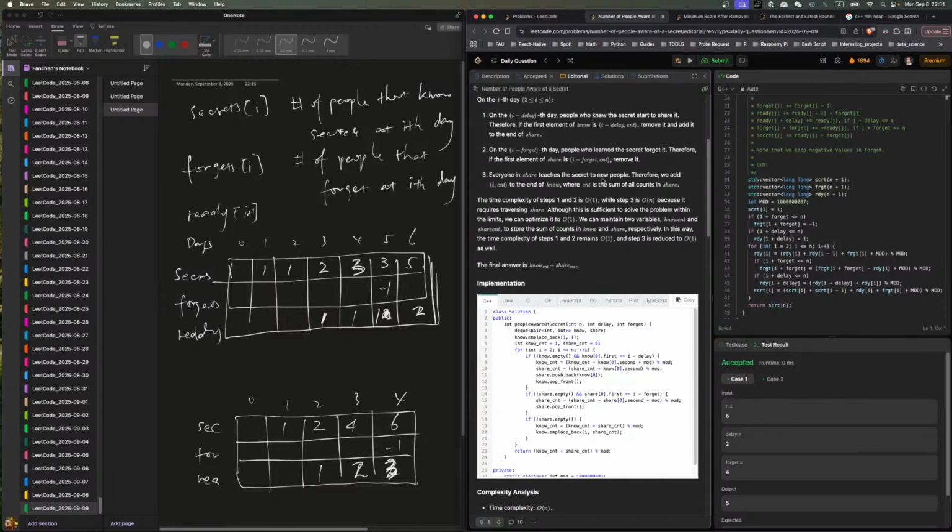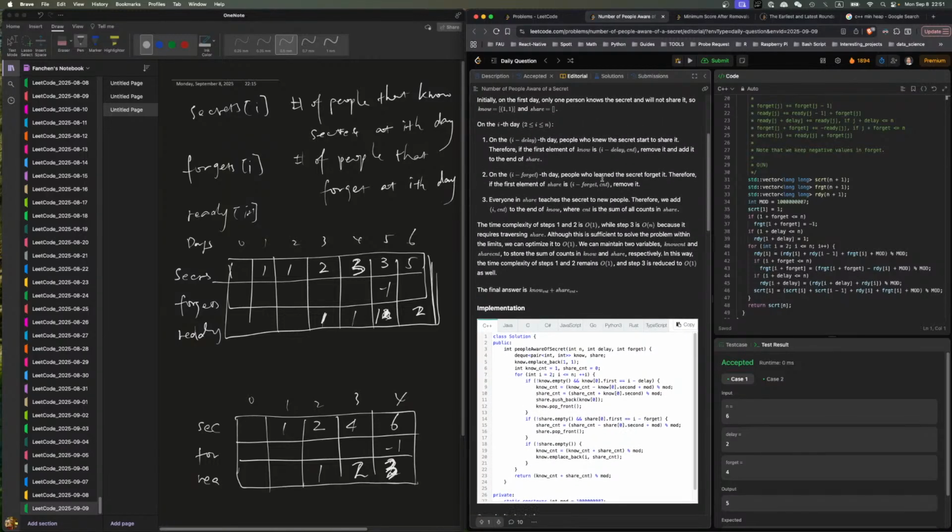No count and share count. Oh, it directly handles. I actually don't know. But I think we are probably doing it the same way. Know and share.